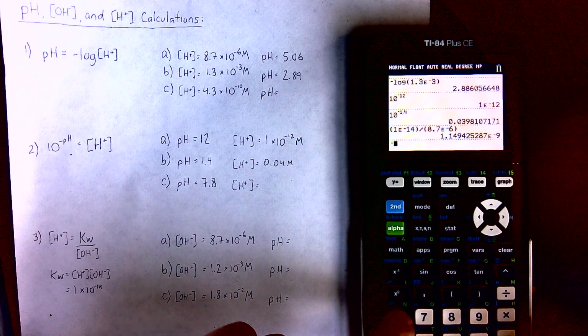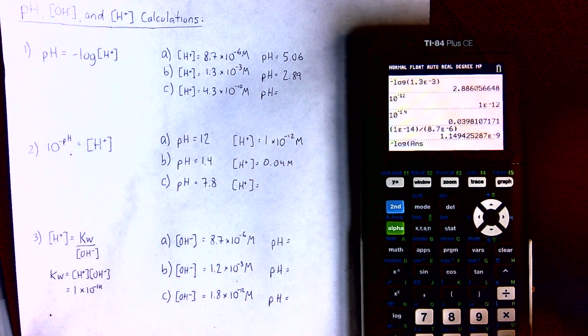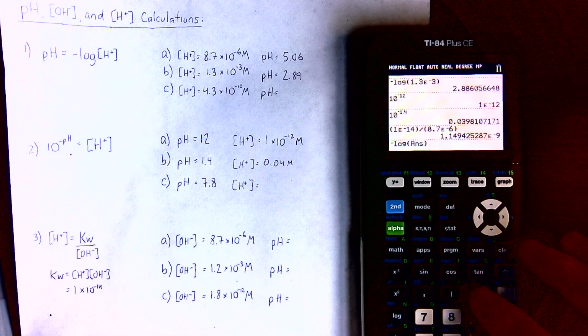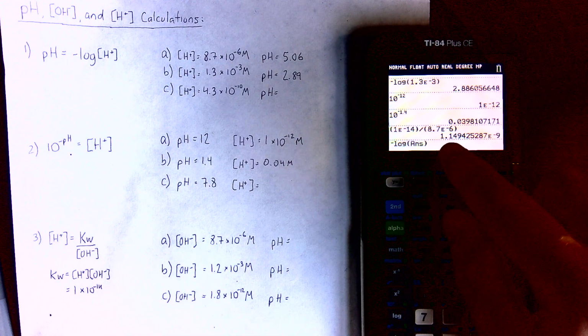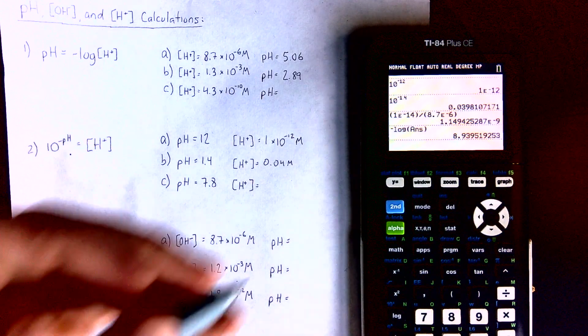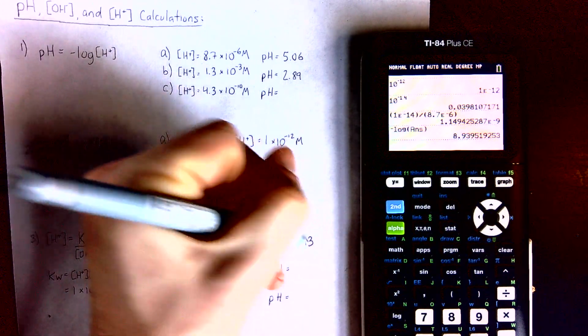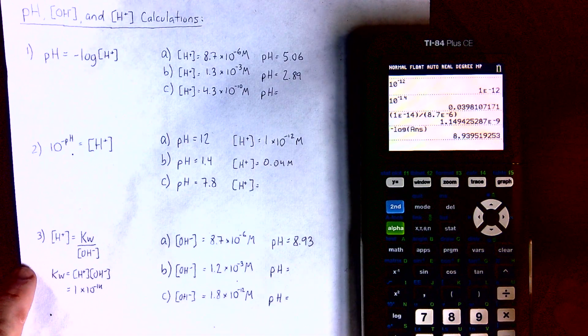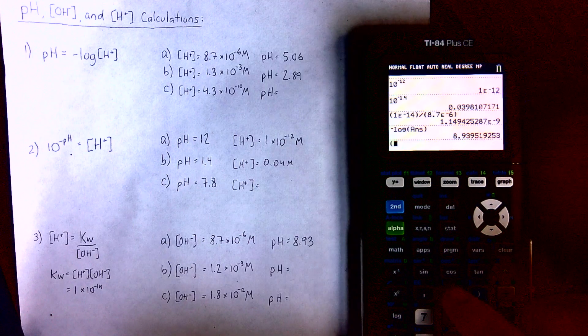So we're just going to negative log, and then I like to use second and the minus sign, which gives you ANS. ANS means answer, and it will just take the answer saved from the last problem you did and plug it in. And we get a pH of 8.93. Slightly basic.